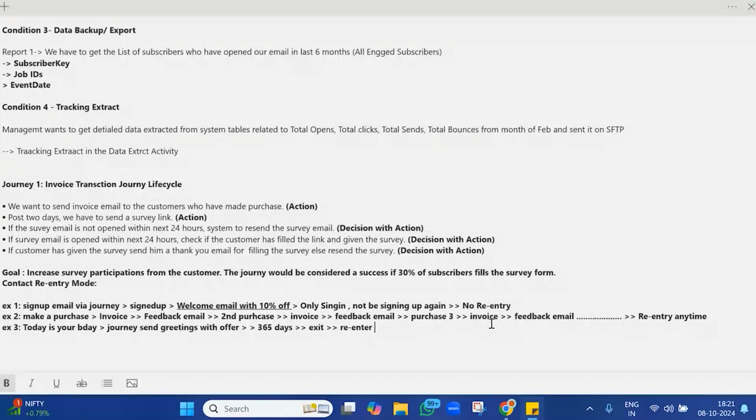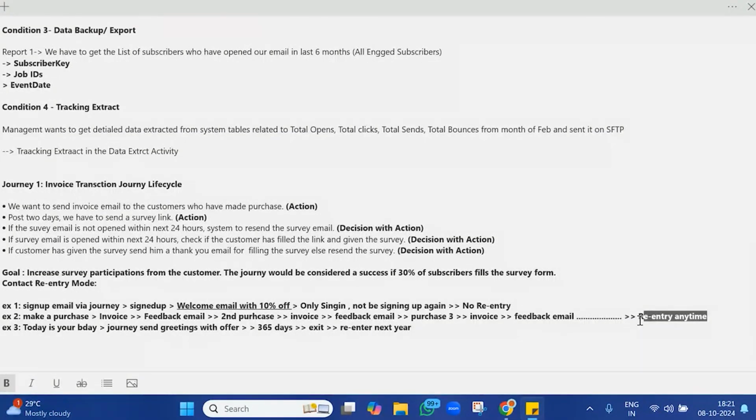If you have anniversaries or birthdays, you will get emails or SMS or whatever type of communication only once. You won't get it daily. There won't be re-entry anytime, because you will not be entering many times in a year.